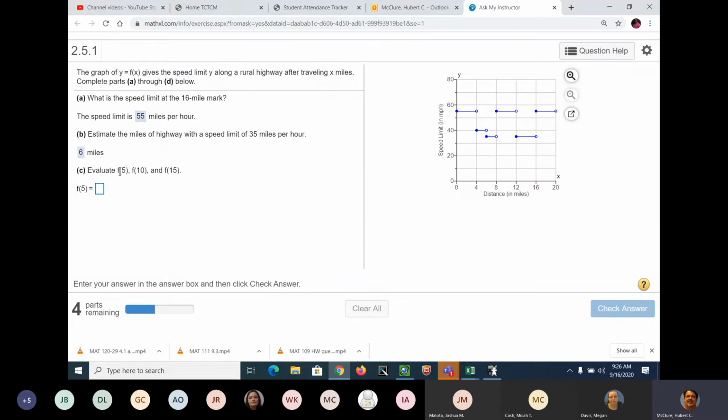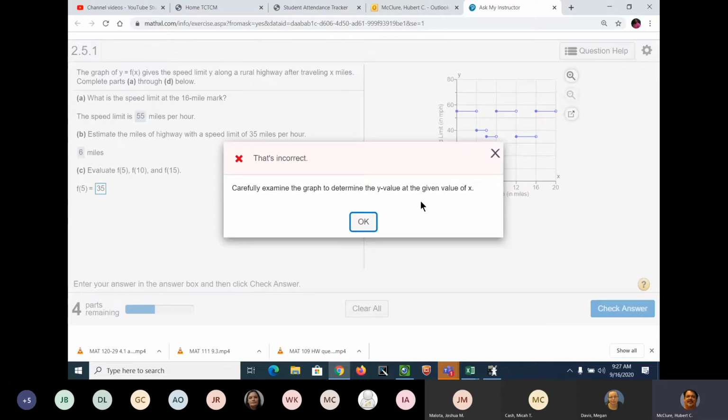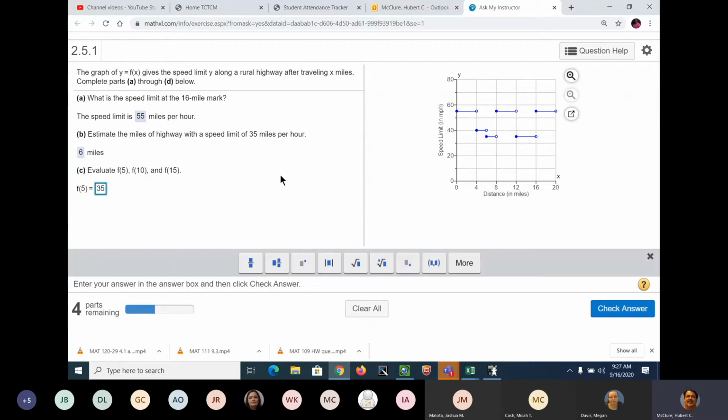And f of 5, so that means I got to plug in 5 as x. F of 5 is going to give me 35. Okay, let me check that again. No, I'm sorry. This is 6. I read 6. I'm sorry. 5 is right about here. So f of 5 would give me 40. My bad.